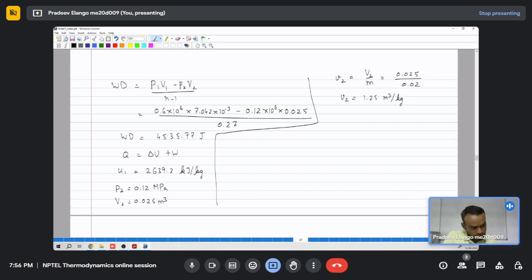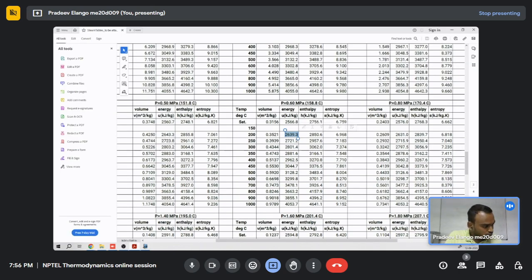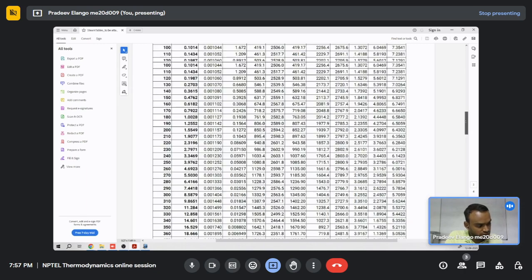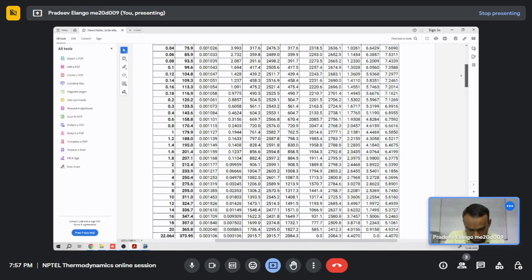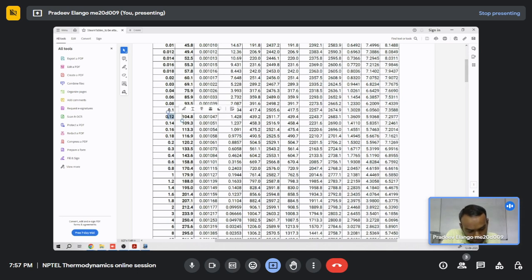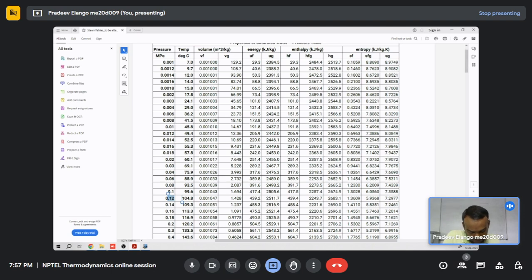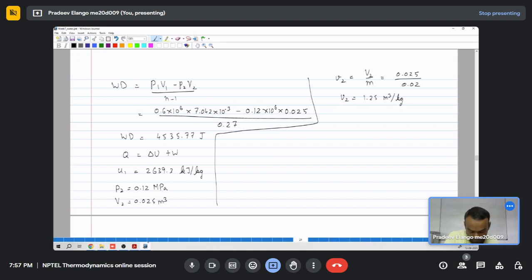So if you go to the steam table, the pressure is 0.12 megapascal, and you can first check in the saturated state. At 0.12 megapascal, the saturated steam itself has a specific volume of 1.428, but ours is 1.25, so that means it should be within the vapor dome.